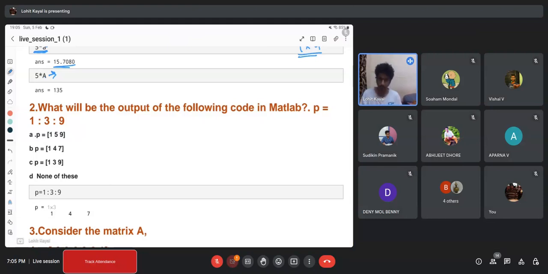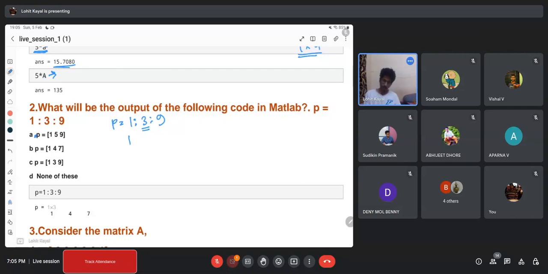What will be the output of the following code in MATLAB? Suppose P equals 1 5. The code option is P equals 1:3:9. Then my first input will be 1.